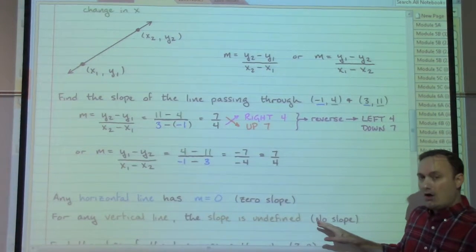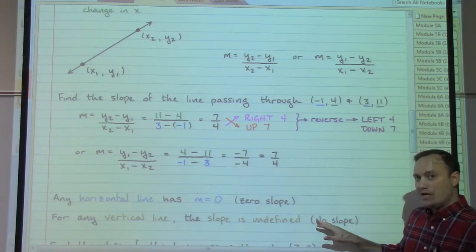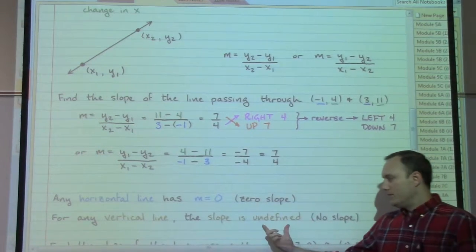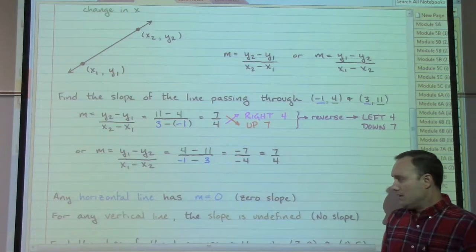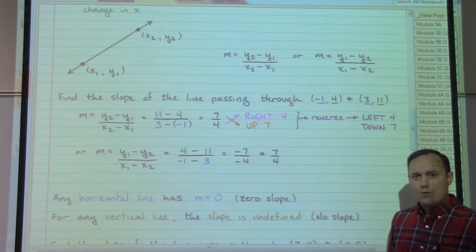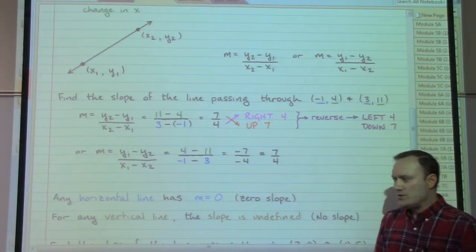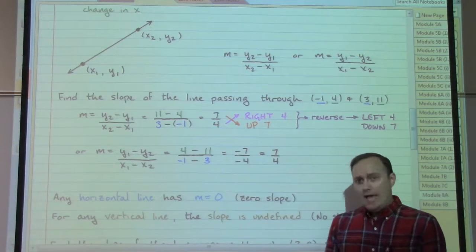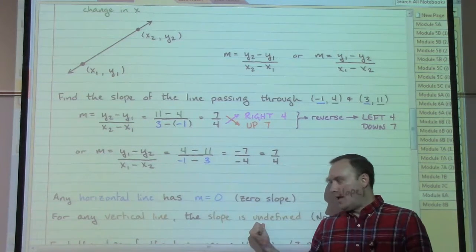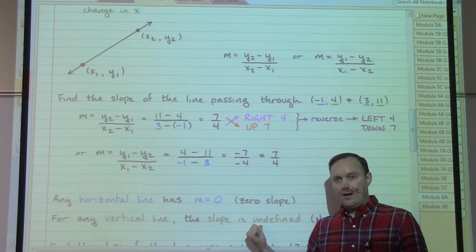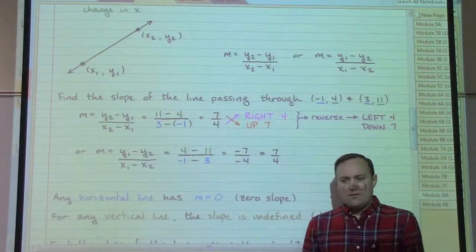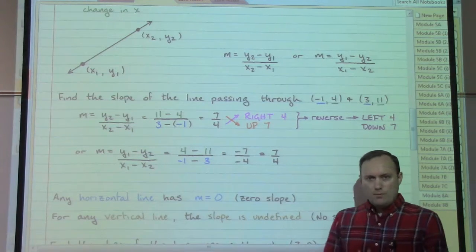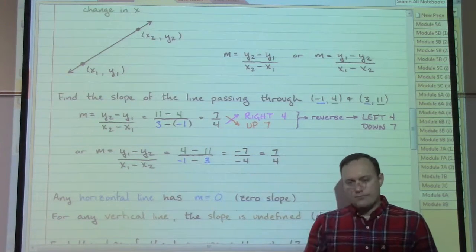There is not a slope: the formula does not generate an answer. The slope is undefined is maybe a clearer or less confusing way of trying to remember that association. So now, any vertical line has an undefined slope. There is no slope. If there is no slope, if the slope formula is undefined, then we have a vertical line.